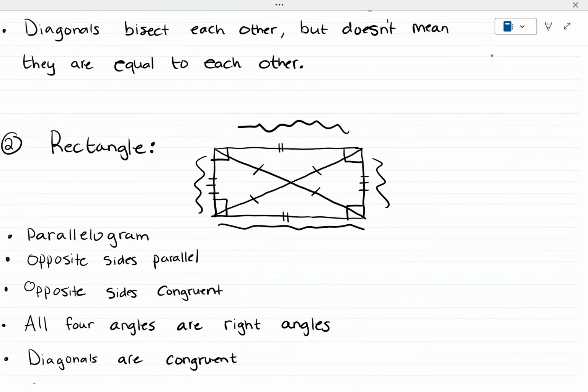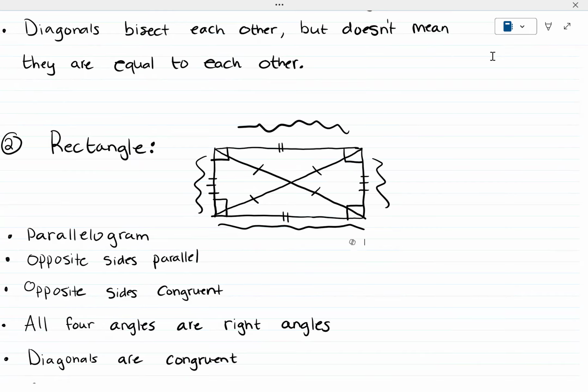Not all sides are congruent. But in a rectangle, all four angles are right angles. In a rhombus, the opposite angles are congruent, but in a rectangle, all angles are congruent and all angles are 90 degrees.